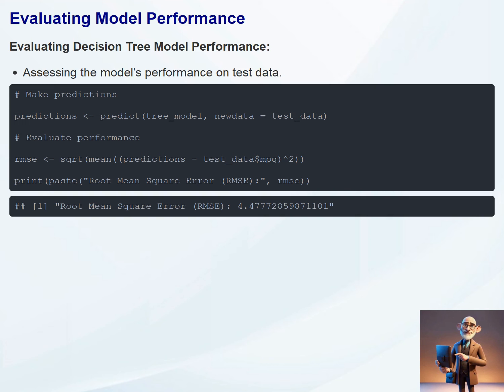A lower RMSE indicates better model performance. Conversely, a higher RMSE suggests that the model's predictions deviate more from the actual values, indicating potential areas for improvement. This evaluation step is crucial in ensuring that our decision tree model performs well in real-world scenarios.